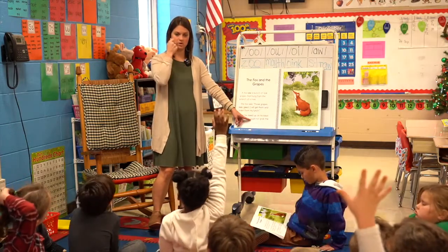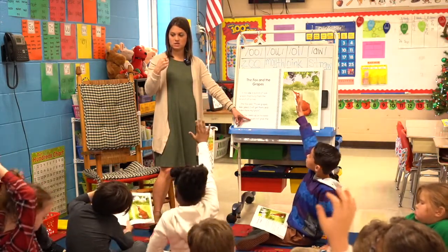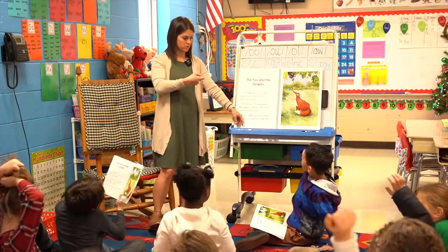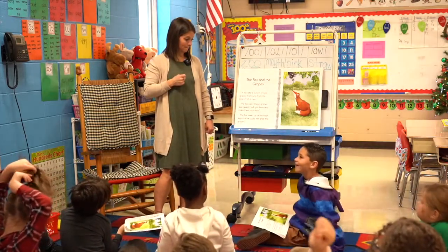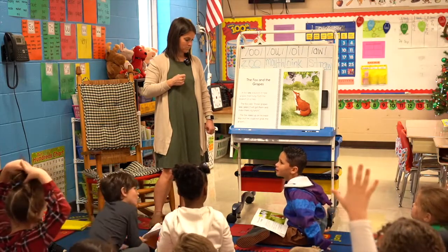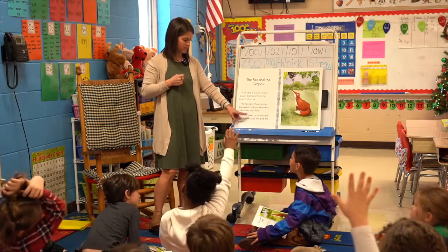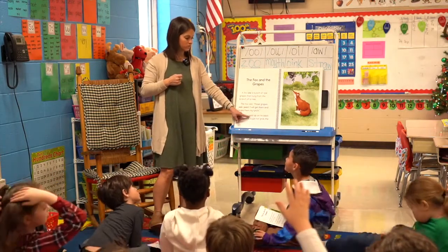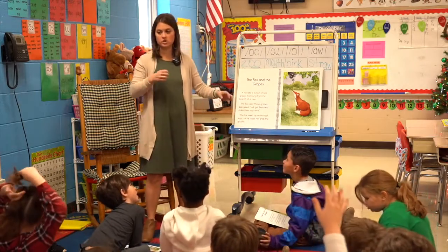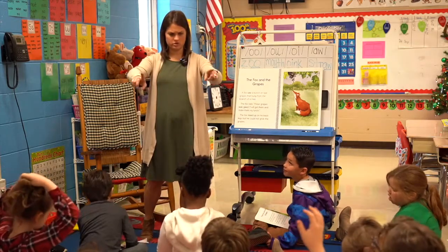We're going to talk about that word in just a second. What's the word that we see that's our word? Go ahead. Try to read it. I know you're looking at it. Try to read it. What does it say? There you go. So double O says oo.